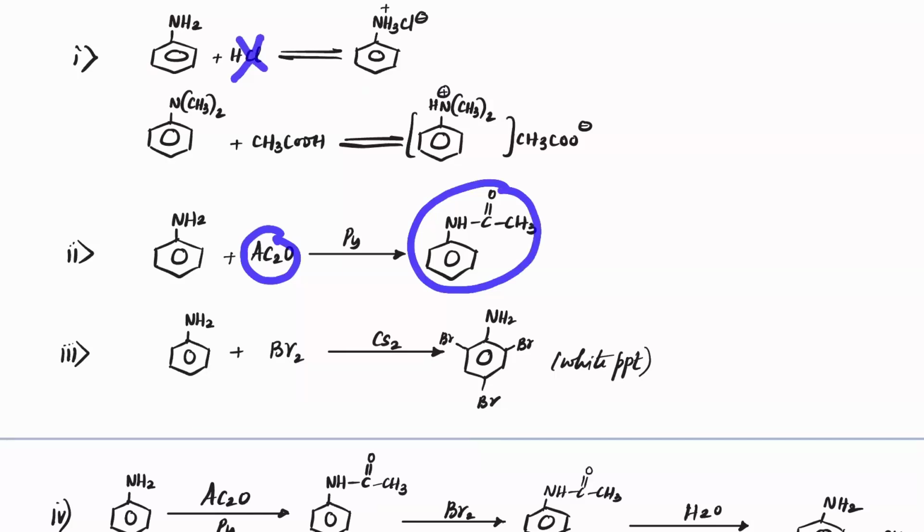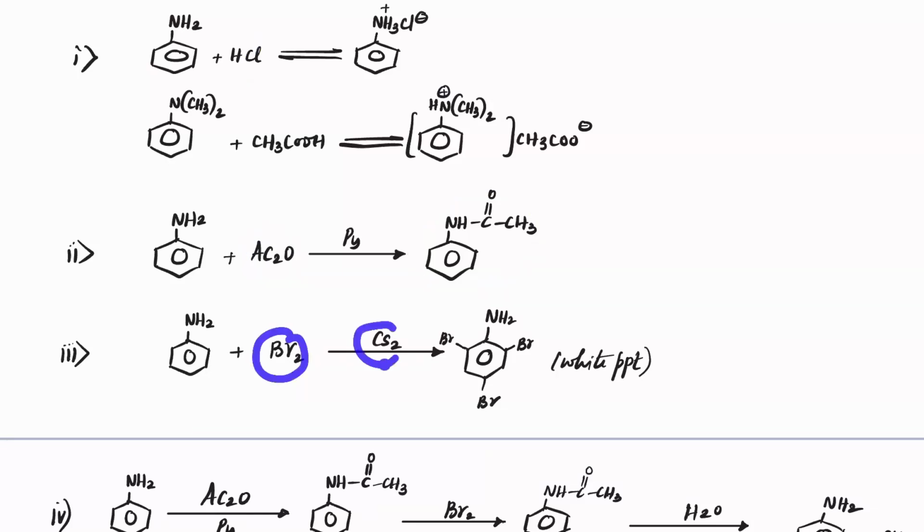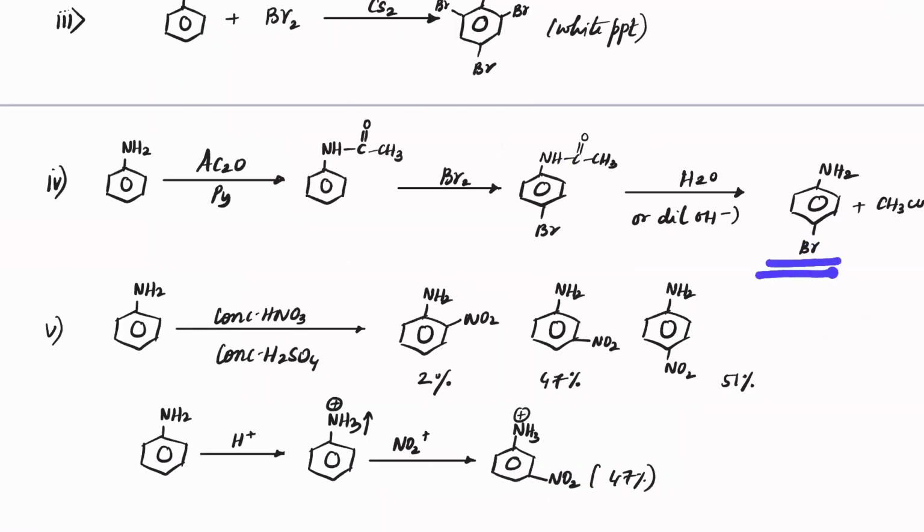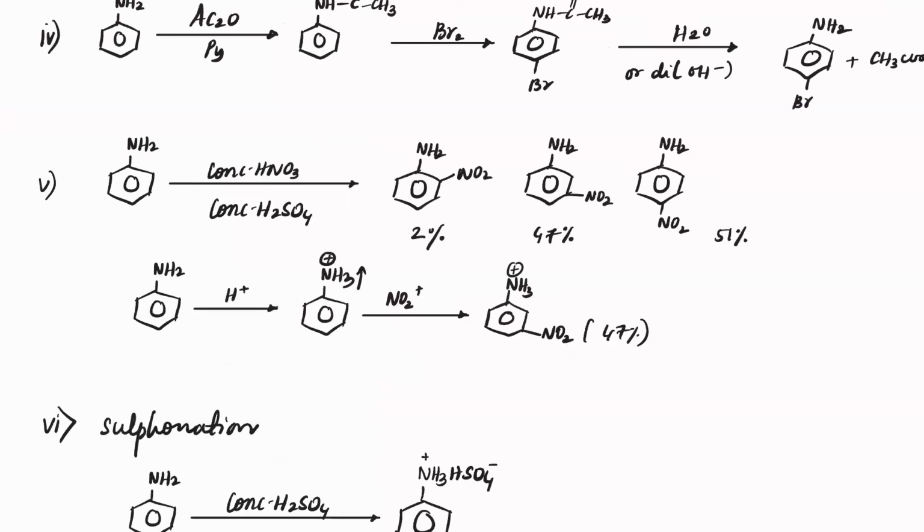With bromine in the presence of CS2 or water, both things we have seen it as white precipitate. We learned how to control bromination to get only one bromine substituted. Next, we also learned that when you react with concentrated HNO3 and H2SO4, we will mainly get para, but there will be sufficient amount of meta observed. Why is that observed? Check.